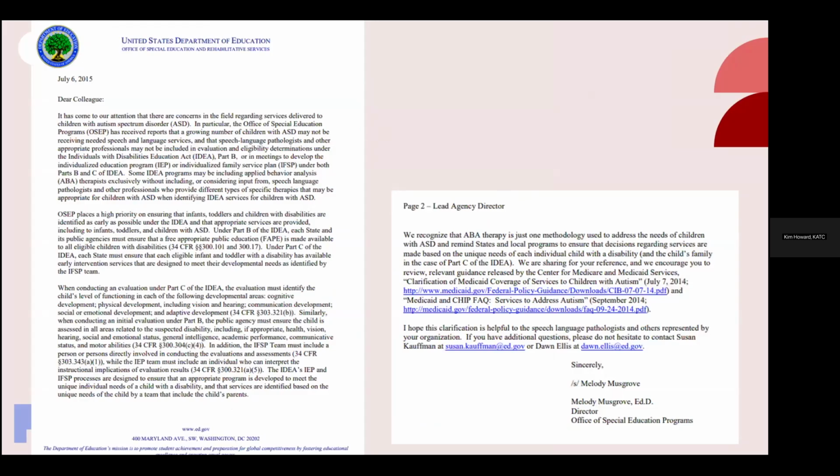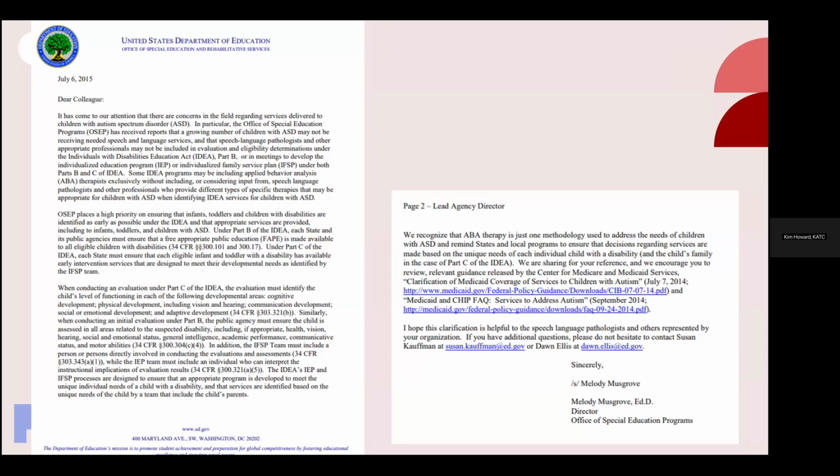Inside of the autism guidance document, you're going to find a hot link to this Dear Colleague letter. This came out in 2015. This was put out by the Department of Ed and the Office of Special Education and Rehabilitative Services. And it says essentially that there were some concerns in the field regarding services delivered specifically to kids with autism.